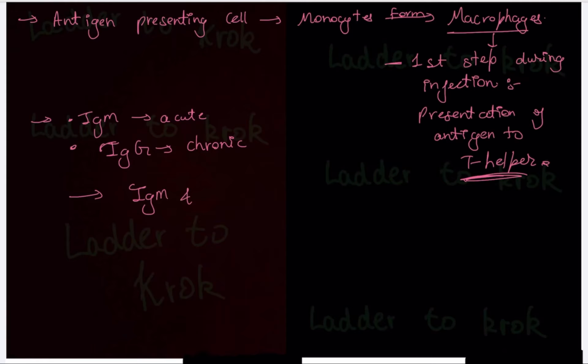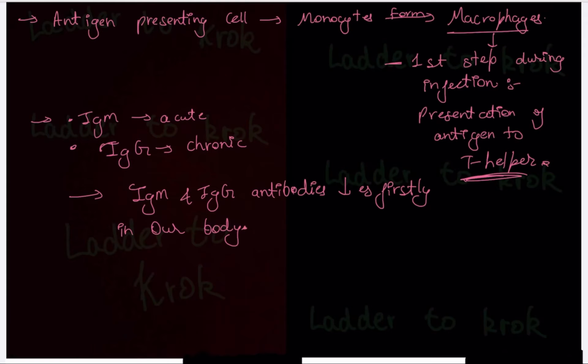So remember, if IgM and IgG are written together, then IgM and IgG antibodies decrease first in our body. You should write this if they ask which antibody decreases first.